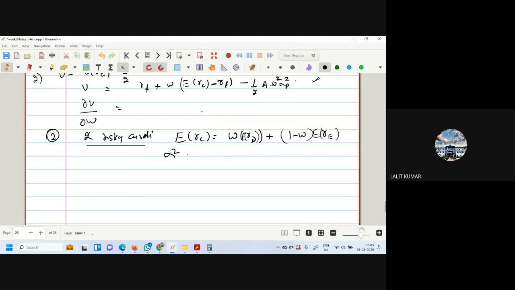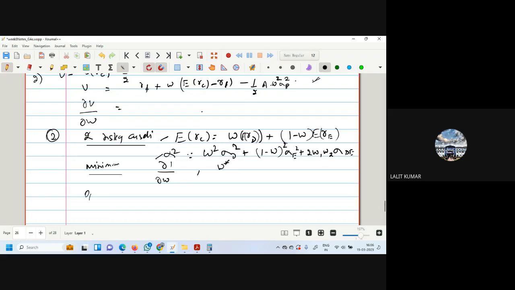And sigma square is equal to W square into sigma D square plus (1 minus W) square sigma E square plus 2 W1 W2 and covariance of D and E. Okay. And from here, they will ask you either minimum variance. So for minimum variance, you take the derivative of this with respect to W to find the W star.